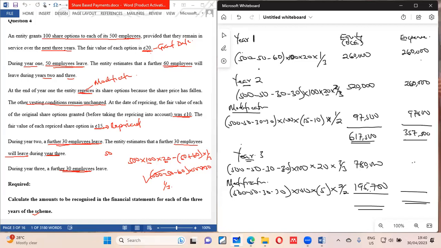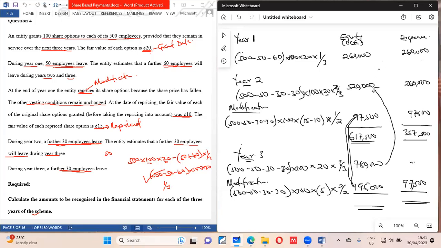So like we do, the difference between this one and this one will go where? P&L, like we've been doing. So which is the 97,500, right? Then what about this side? Yes, who is giving me this side? It will be the difference between this and this.